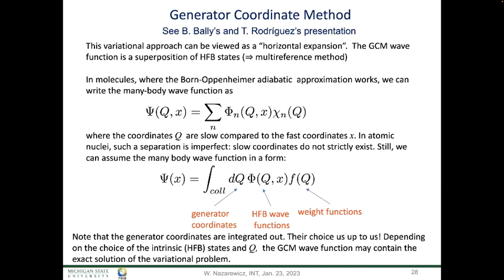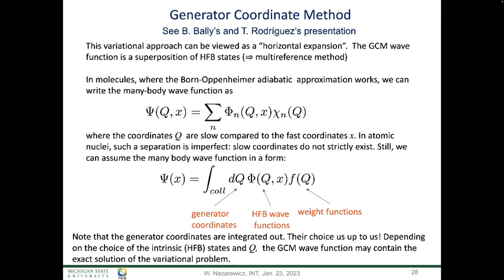So the quadrupole moment or octupole moment does not appear on the left-hand side because it has been integrated out, okay? So if the situation is like in those soft sulfur isotopes, the wave function will really be a superposition of wave functions corresponding to various shapes.